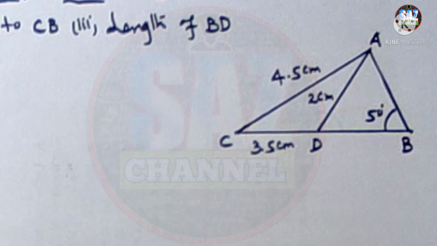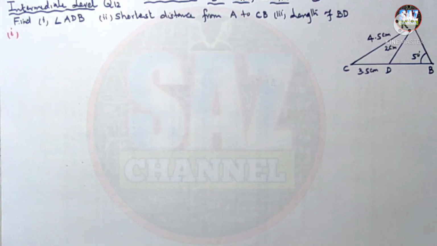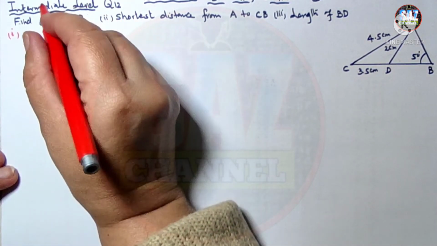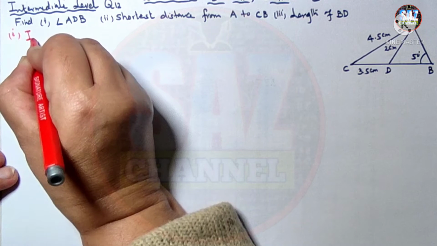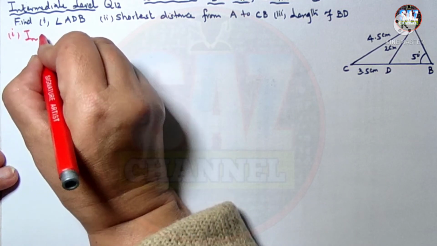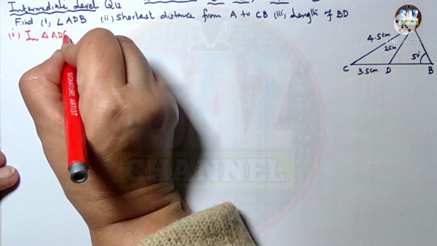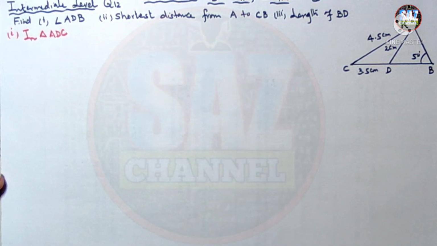So what we have to do, let me give the reference in the beginning. Drawing of the figures and giving the reference in your working are really important in triangle, so that the examiner can understand your message easily. In triangle ADC, let's draw the figure as well here.